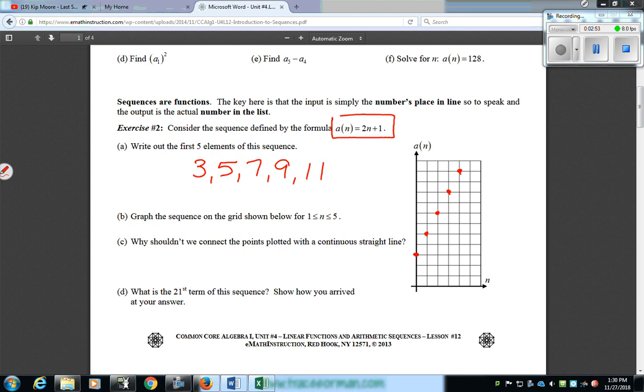And if you want to find the 21st term, you would have to take n and replace that n with 21. So you'd have 2 times 21 plus 1, which would end up being 43. So that would be the 21st term in the sequence.